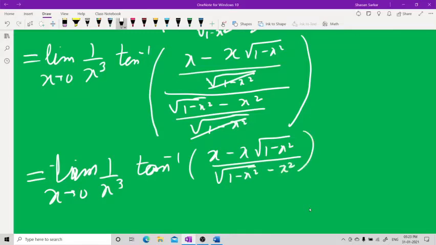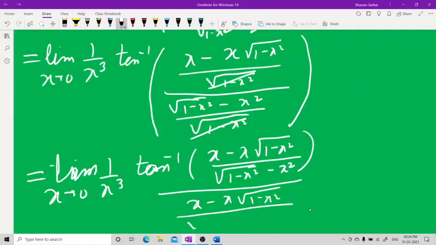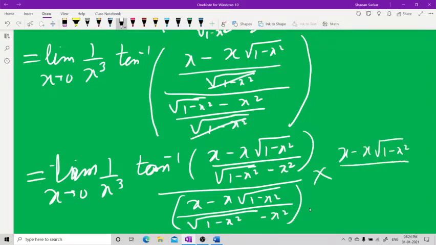Now consider this as x and write this below: x minus x under root 1 minus x square upon under root 1 minus x square, and multiply here with the same thing, x minus x under root 1 minus x square upon under root 1 minus x square. What I did is, whatever was written here, I divided and multiplied with the same number, writing the same thing here and here again. That's the thing.